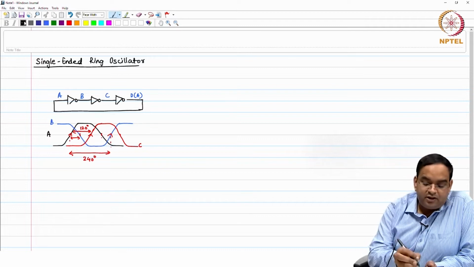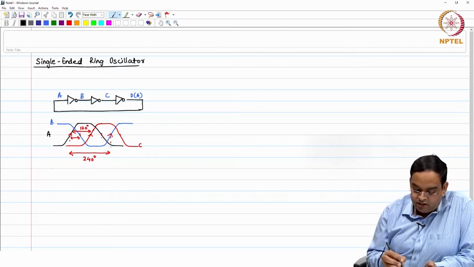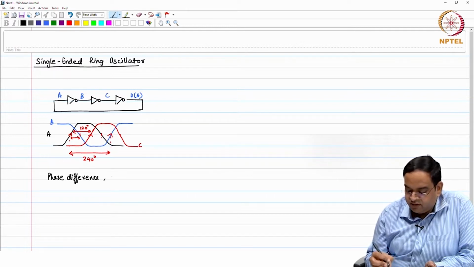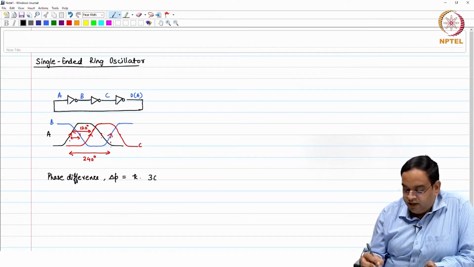So, I can very well say that the phase difference delta phi is an integer multiple of 360 degree divided by 3.